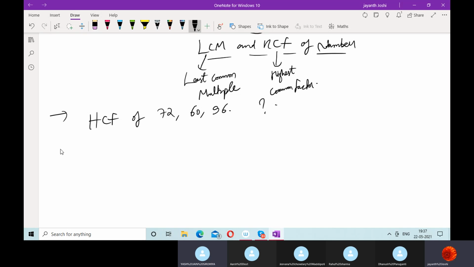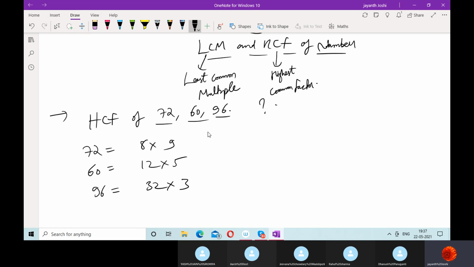See, very simple. First, find out the factors. So 96, we can do one thing. Can we write this? 32 3s are 96, correct?